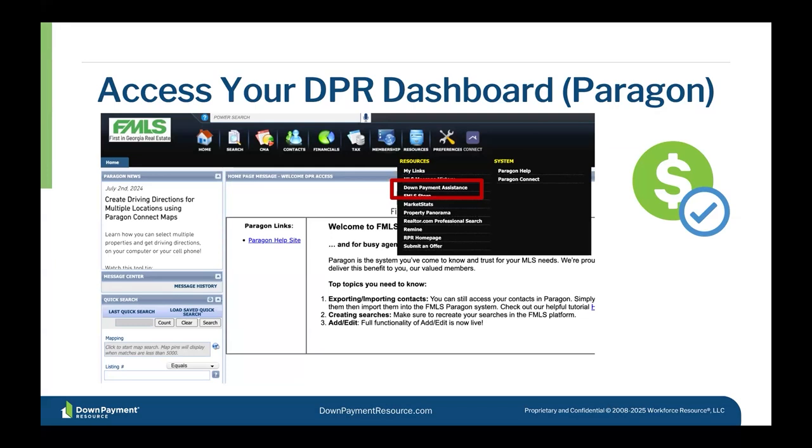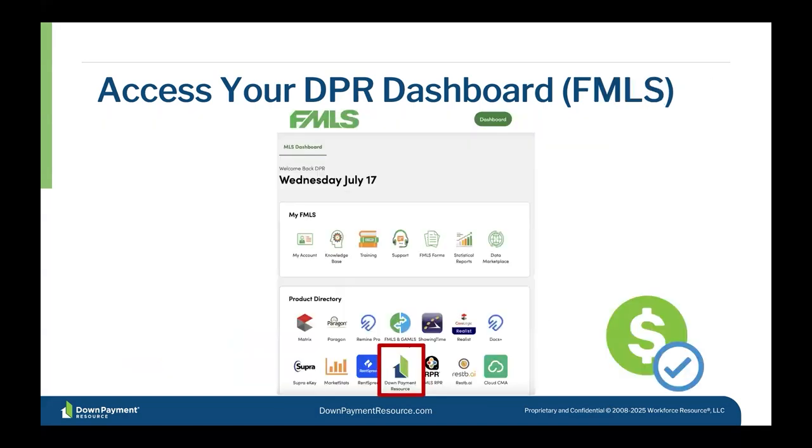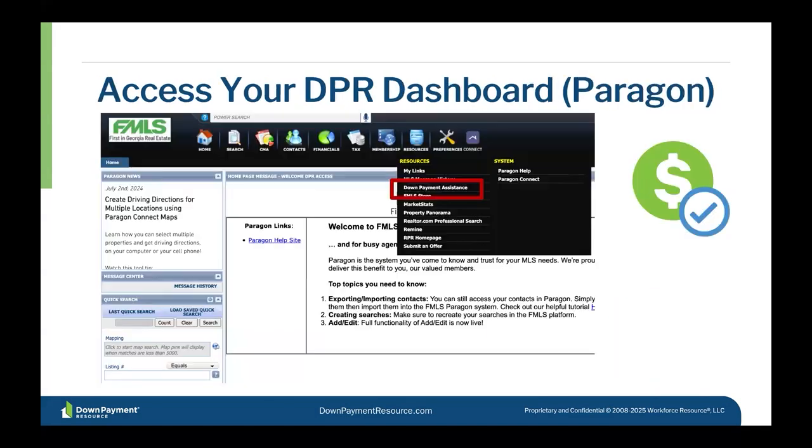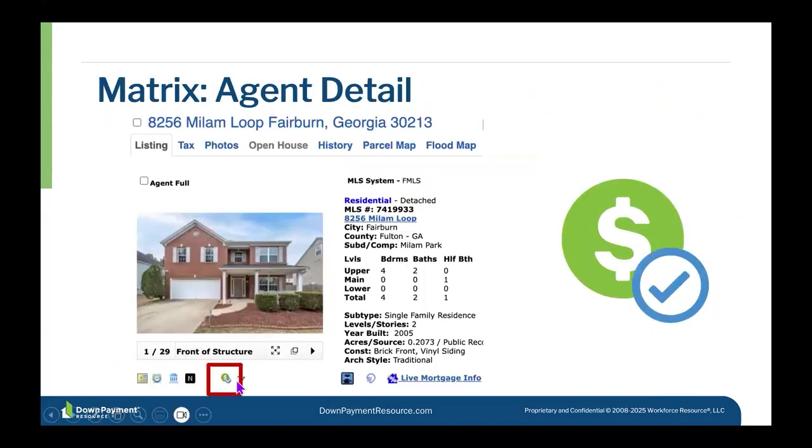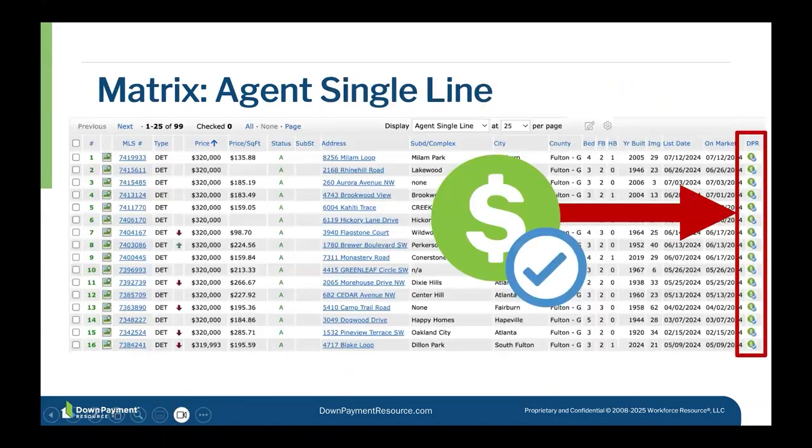Oh, wait. How can we know if a specific property is eligible? That's a great question. If a property is eligible, you're going to see this icon here, whether it's on the detail view or in the agent single line view in Matrix.